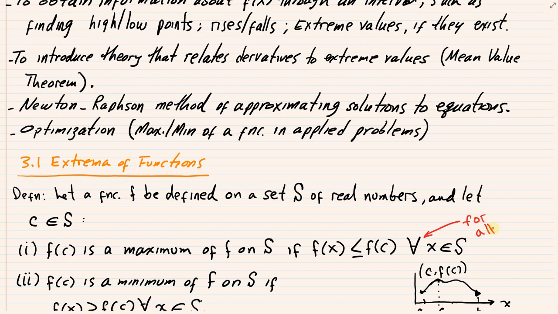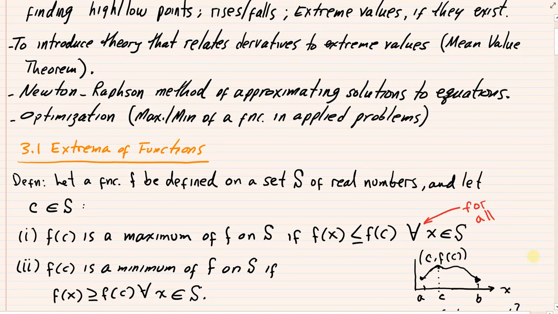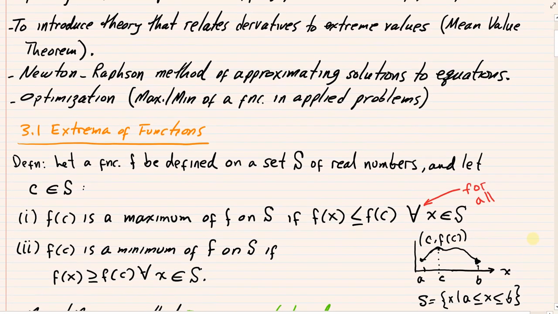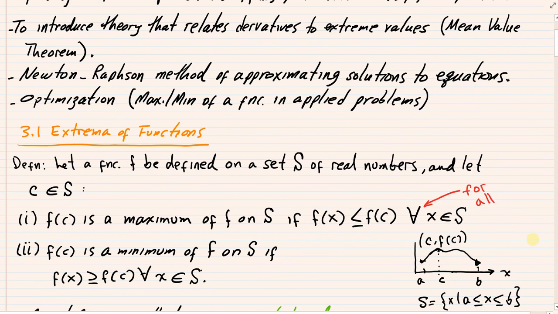So in other words, if you look at the graph, which I have just below that, there is no point on the graph higher than f at c, at that point. And this would be the point on my graph right now. Okay. Now there could be other points equal to that, but they cannot exceed it. That's why we have less than or equal to. And that's the definition of a maximum. So remember, for a maximum, there's no point higher than that at c.